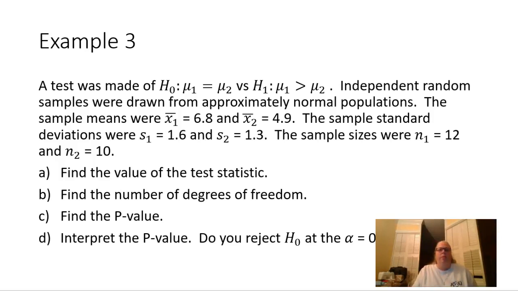All right, let's remember what our formula is for our test statistic. It's going to be x bar sub 1 minus x bar sub 2 minus mu sub 1 minus mu sub 2, and this is going to be divided by S1 squared divided by N1 plus S2 squared divided by N2, and we're going to square root that.